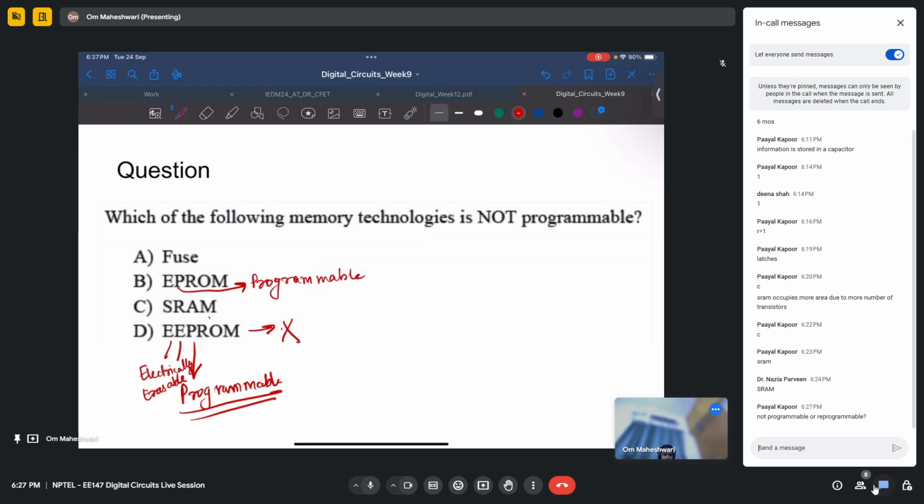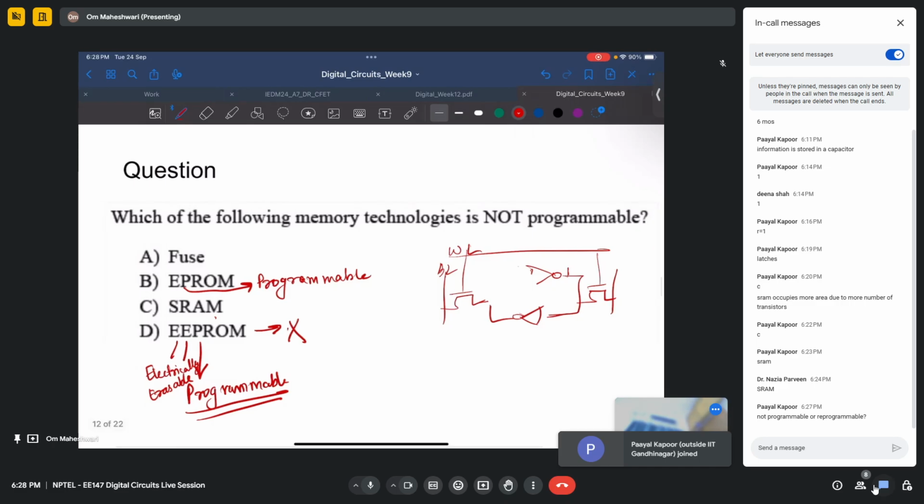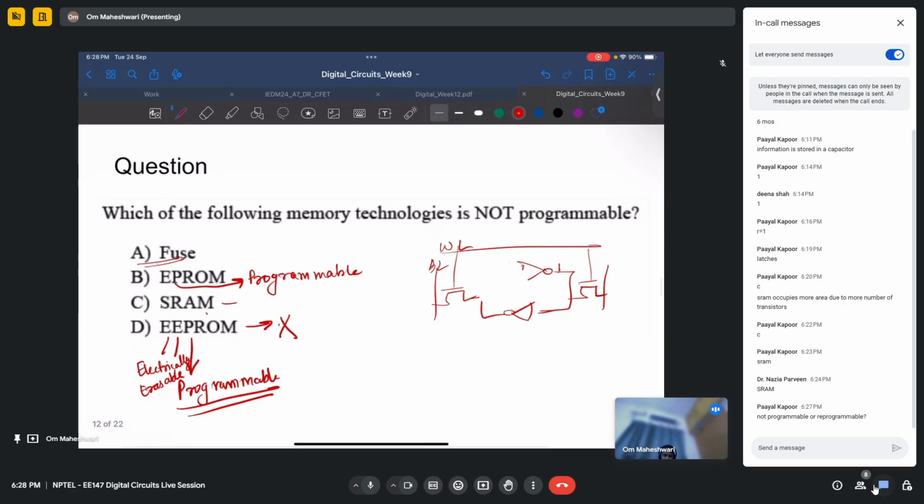SRAM we have seen. In SRAM you can read and write with the help of these word lines and bit lines. You can store either 0 or 1 at any of the nodes. And what is fuse? So this is also programmable.